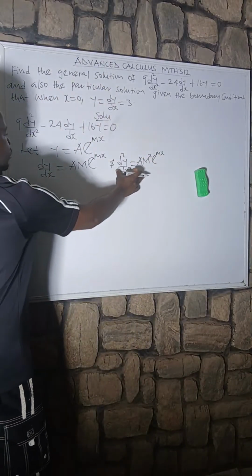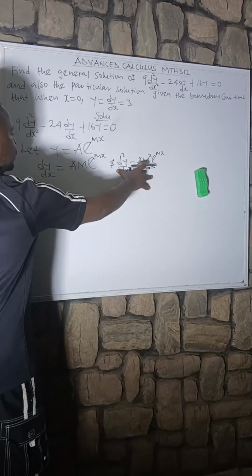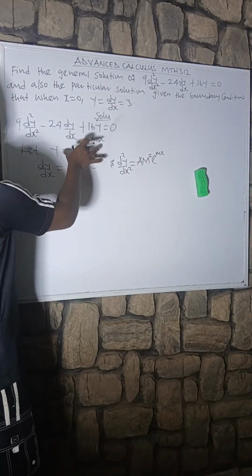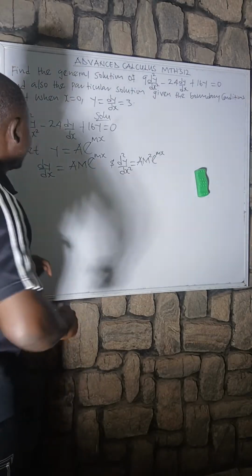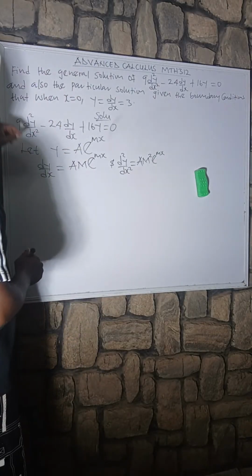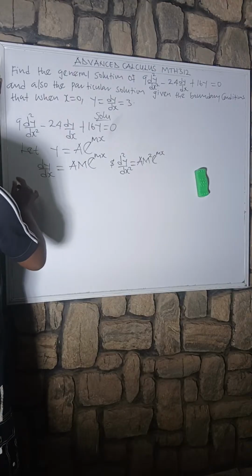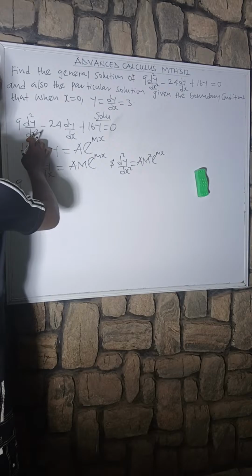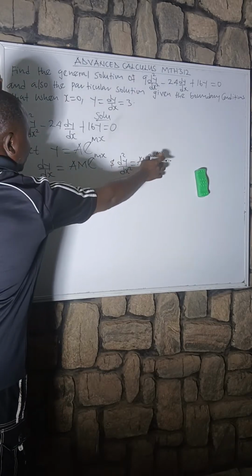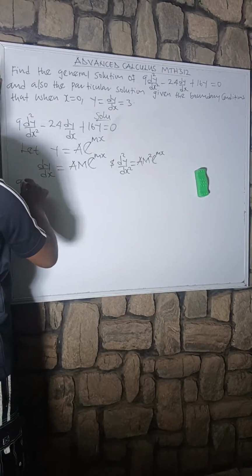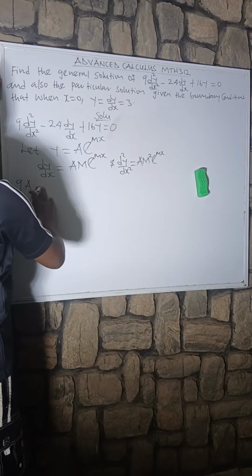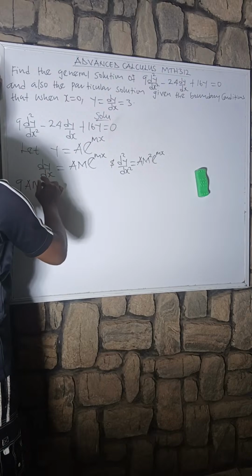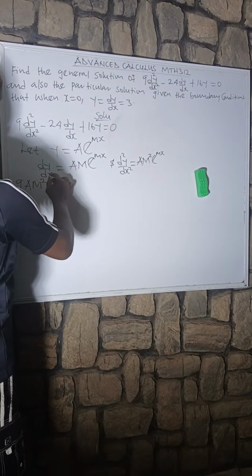So what we need to do is substitute this, this and this into this second order differential equation so that we'll be able to find the general solution. Since d squared y over dx squared is am squared exponential mx, we write am squared exponential mx.